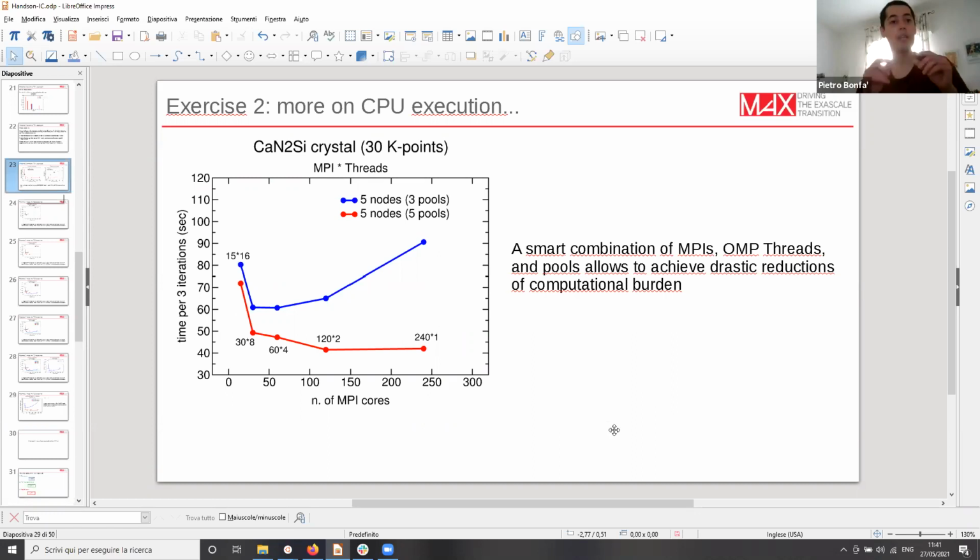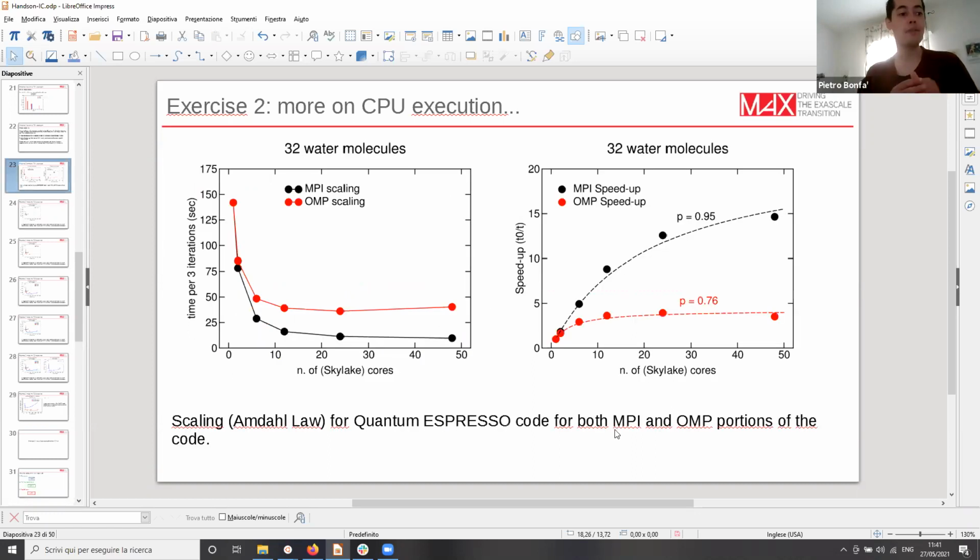It's used to squeeze all the possible performance from the subroutines when you cannot further subdivide the data, the work on different k points and the wave functions themselves.